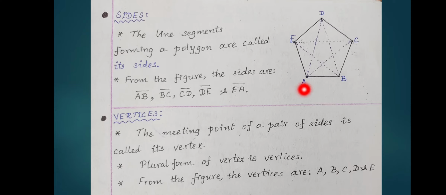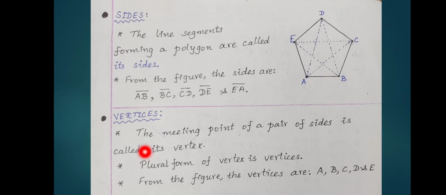A, B, C, D, E are the 5 points. Line segment AB, line segment BC, line segment CD, line segment DE, and line segment EA are the 5 line segments which form the polygon ABCDE. Also, these line segments are called the sides of the polygon.